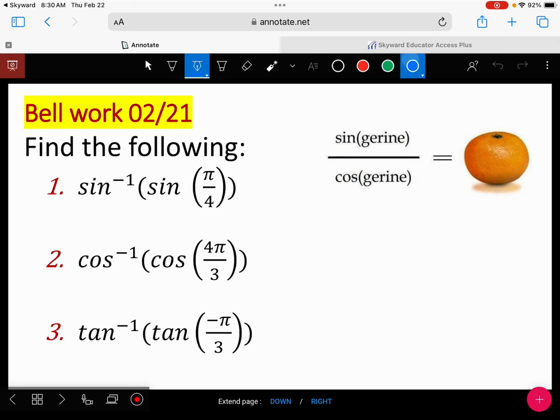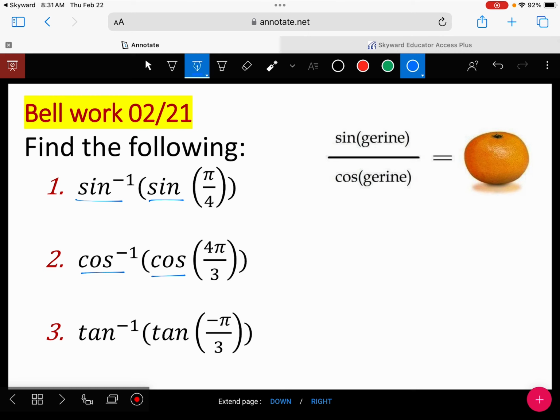That doesn't mean we have to. In fact, when these functions have the same base, and what I mean by that is inverse sine of sine or inverse cosine of cosine, when the inverse and the normal function match up, that needs to perk up our ears, and we're going to talk about that. One of the questions we had earlier was, how often is our initial radian going to be our final answer?